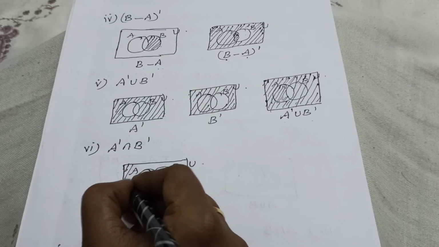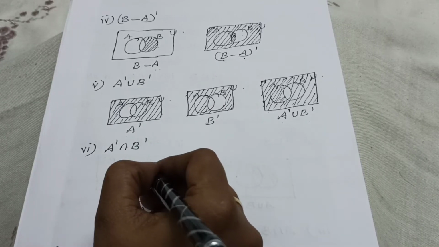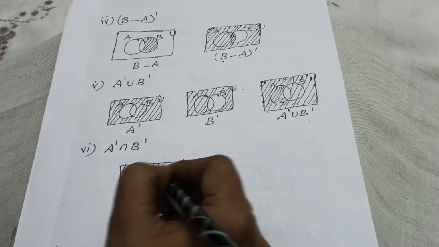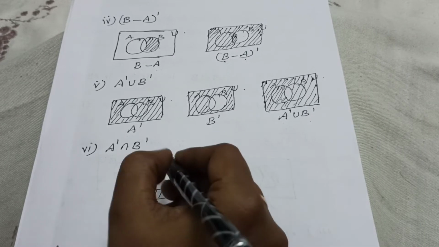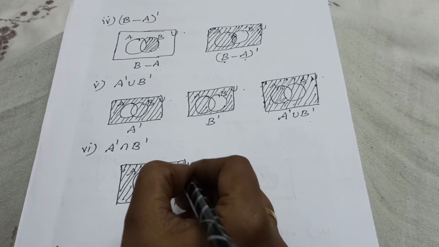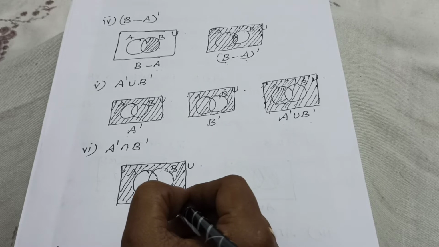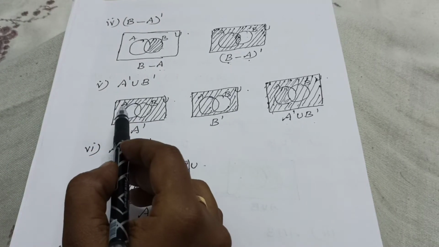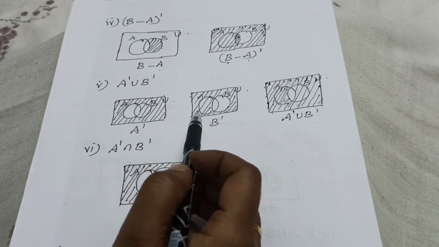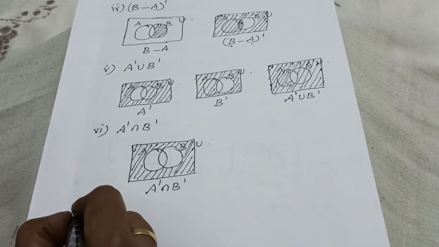Here this area only, A dash intersection B dash, is common. Have you understood? This area only is common to both. Then next, one more question.